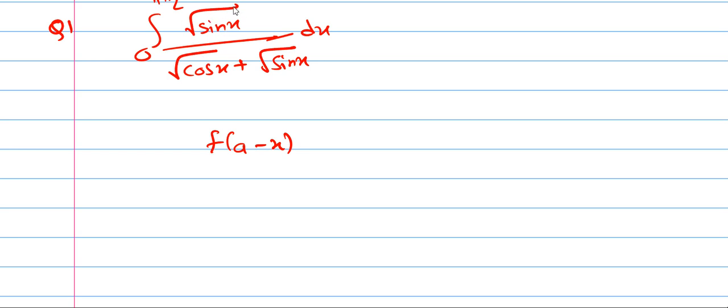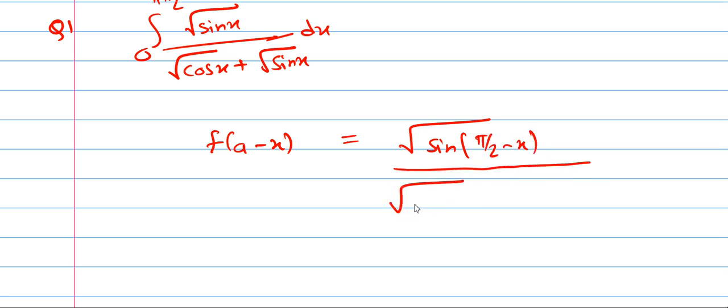So your f of x is this, and what will be f of a minus x? Under root, a value is pi by 2. So this becomes under root sine of pi by 2 minus x divided by under root cos of pi by 2 minus x plus under root sine of pi by 2 minus x.